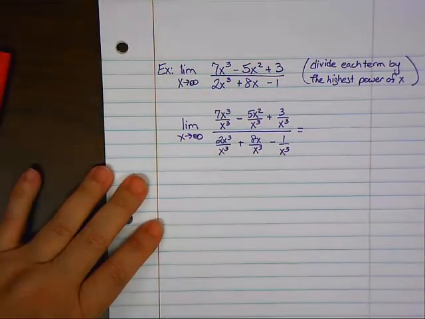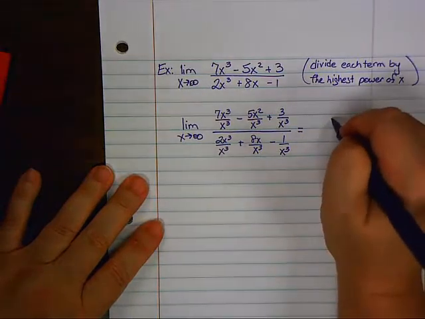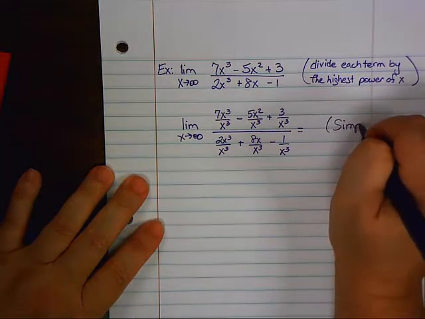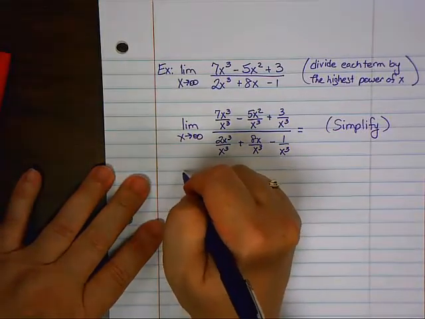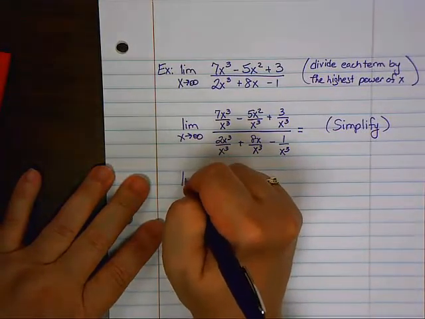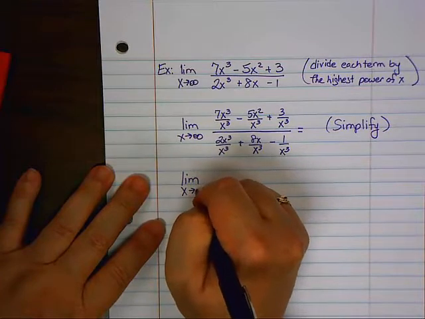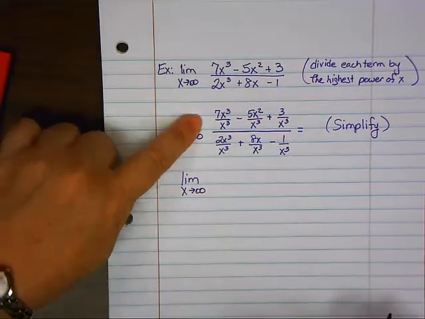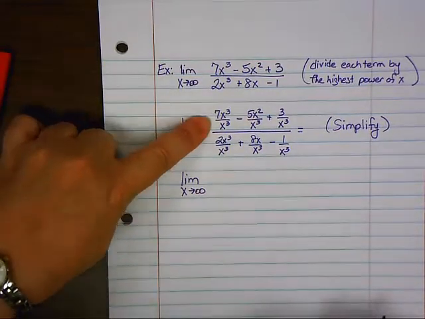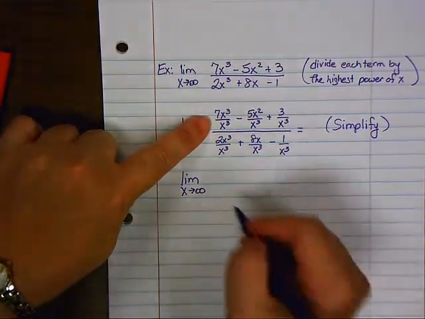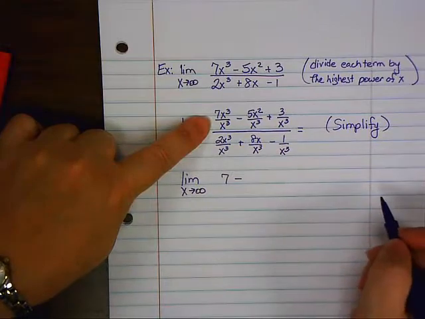Equals. The next thing we're going to do is simplify this. I'm not ready to do equals yet. Gotta skip a line. We're going to do the limit as x approaches infinity. All right, each individual fraction, I want you to clean it up as much as possible. What is the first fraction clean up to be? 7. Just 7. Minus.